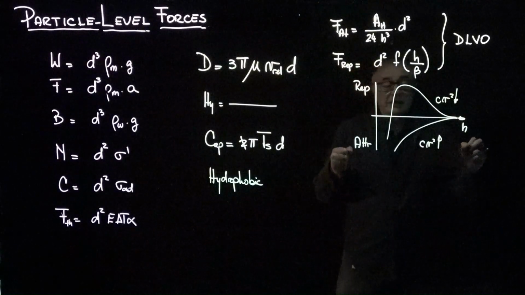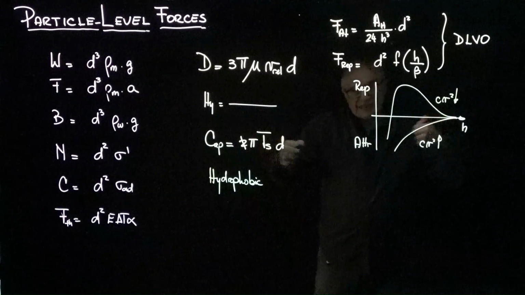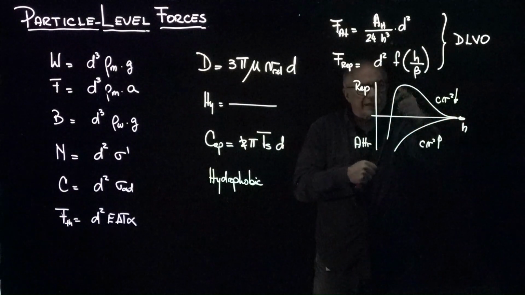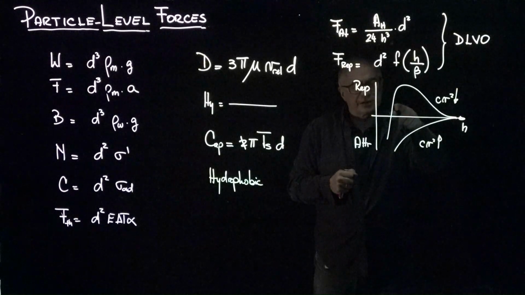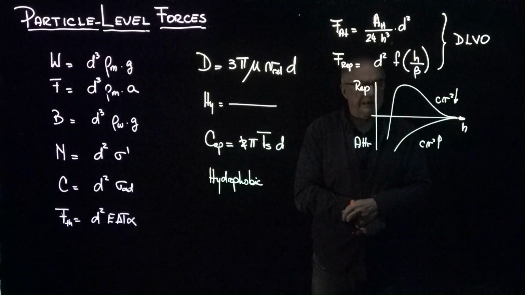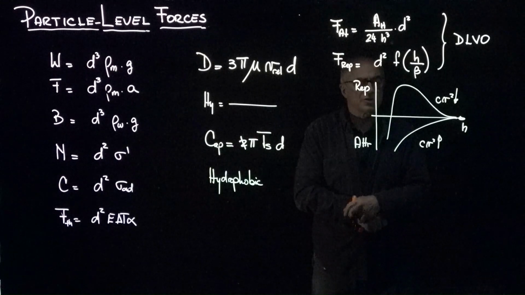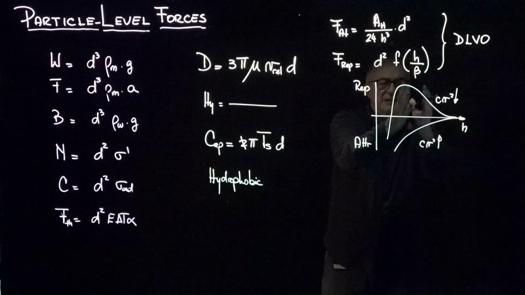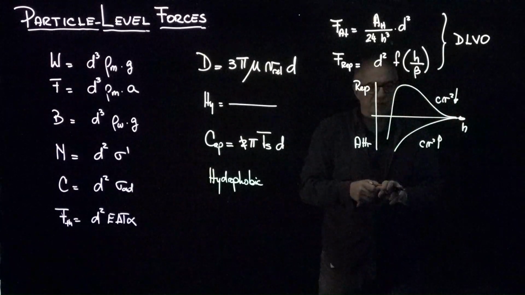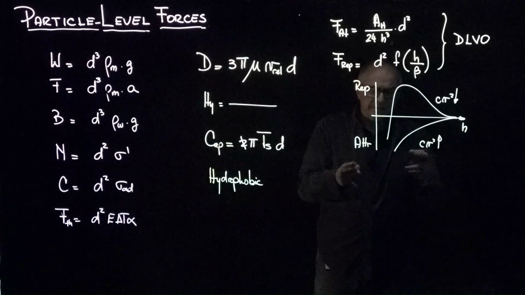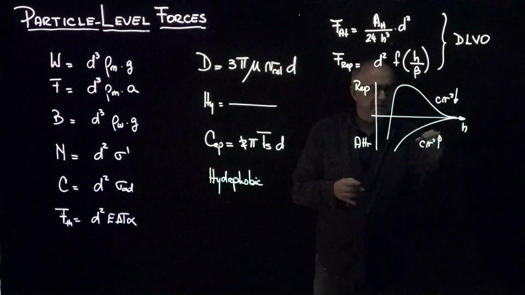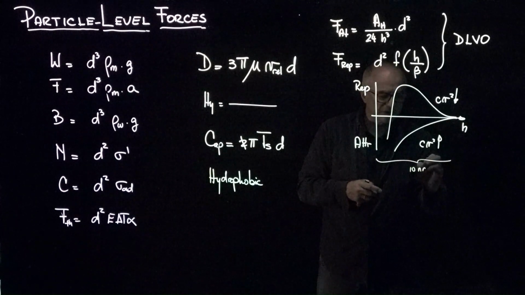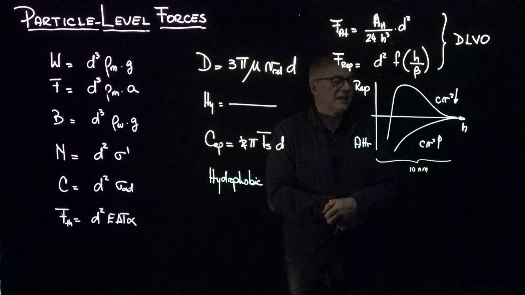Notice that if I push particles dynamically by stirring, by mixing, and I push them to overcome this repulsion barrier, particles may indeed aggregate, which would not happen under quiescent conditions where they would never come close and overcome the repulsion barrier. What I'm just describing here is probably taking place in a scale of, let's say, the closest 10 nanometers to the particle surface.